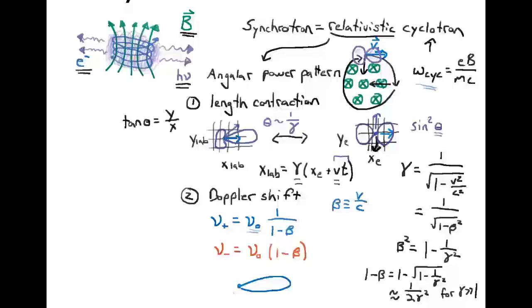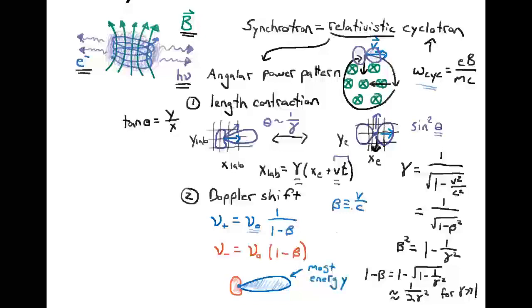Whereas the back-going lobe, which was already diffused out due to the electron's motion with respect to the lab frame, is also receiving less energy by a factor of 1 over gamma squared. So this is a red-shifted lobe back here that just matters less. So for all intents and purposes, for synchrotron emission, we can consider only the forward-going lobe. It's the one with the most energy.